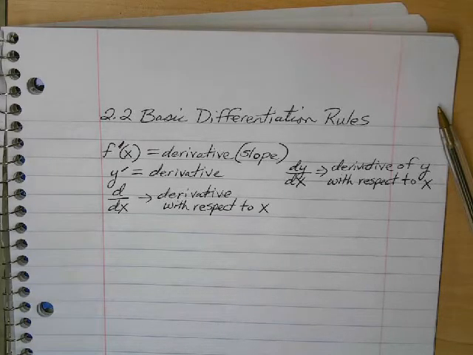Remember, it's just a slope. This is slope form, like y equals mx plus b. So do you have to do that whole limit process? What's the slope of this? 3. The derivative of that problem is just 3.